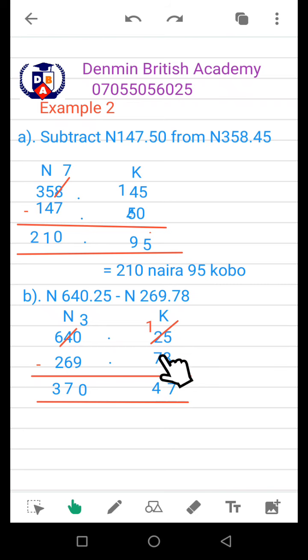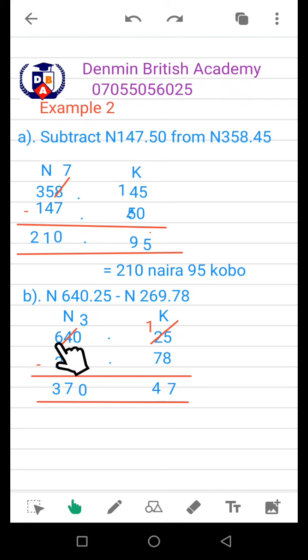You cannot remove 7 from 1, so we come here to 0 to beg for borrow, but 0 does not have. We come here, we borrow 1 from it, add it to 0, it becomes 10. Remove 1 from 10, here becomes 9. Put it here, 11. 11 minus 7, 4. So here is 9. 9 minus 9, 0. Here is 3.